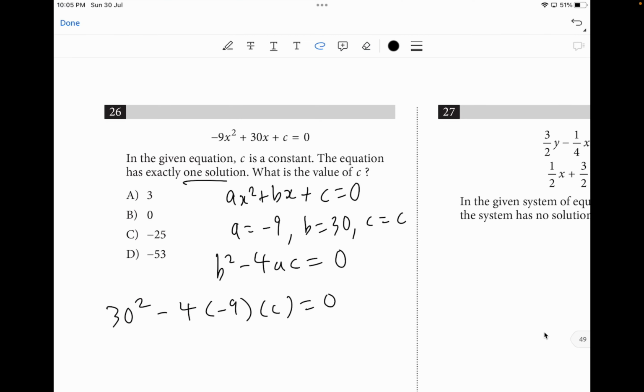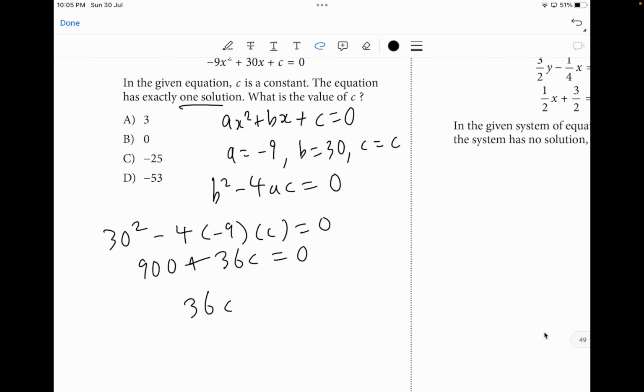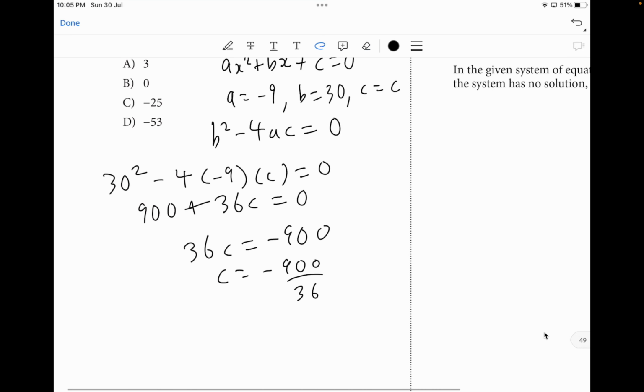So we substitute the values: 30 squared minus 4 times negative 9 times c equals 0. 30 squared is 900, and minus 4 times minus 9 is positive 36c. So 36c equals negative 900, and c is negative 900 divided by 36, which is negative 25.